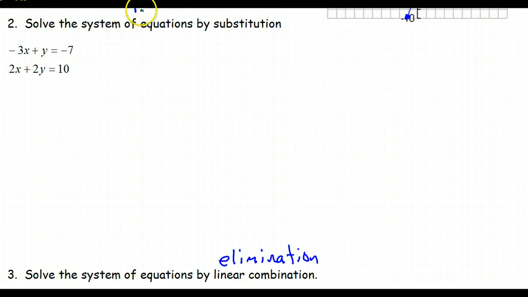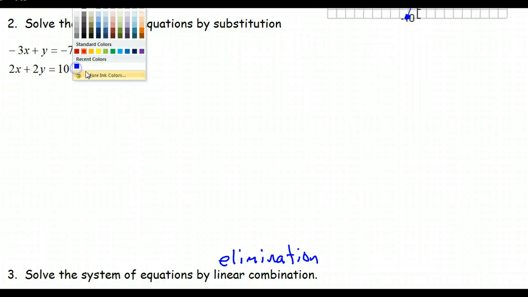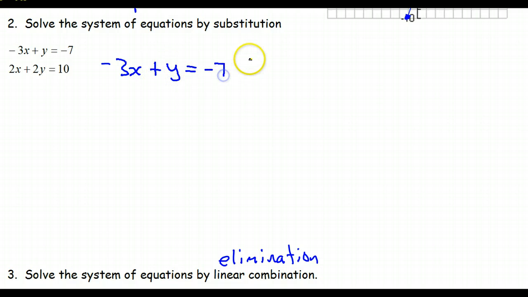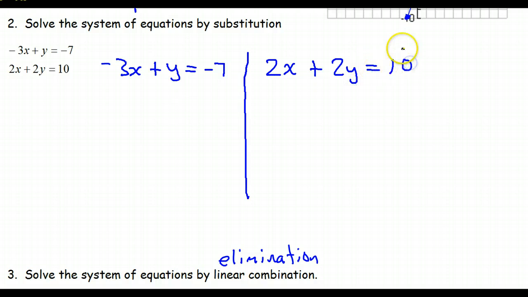Now, for substitution, I recommend writing the two equations side by side. Just helps you stay organized. So we have negative 3x plus y is equal to negative 7. That's one equation. And then we have our 2x plus 2y is equal to 10. Now, this time we're just going to get one variable by itself.